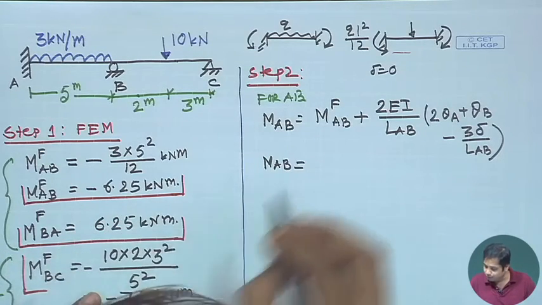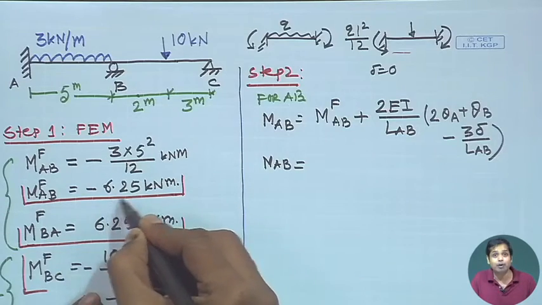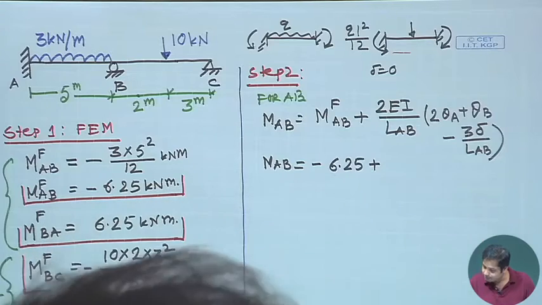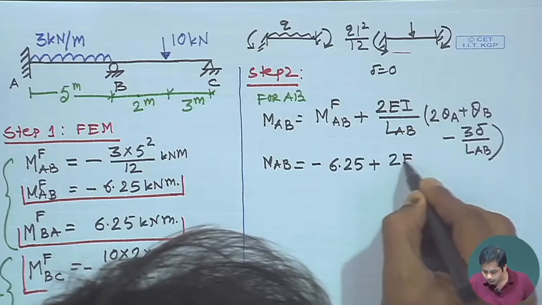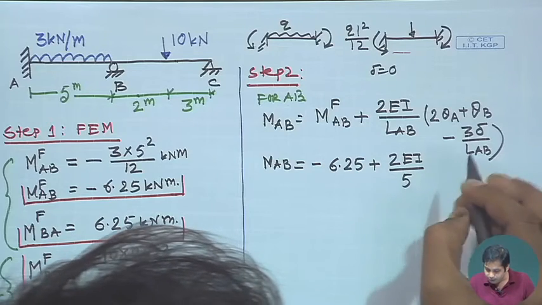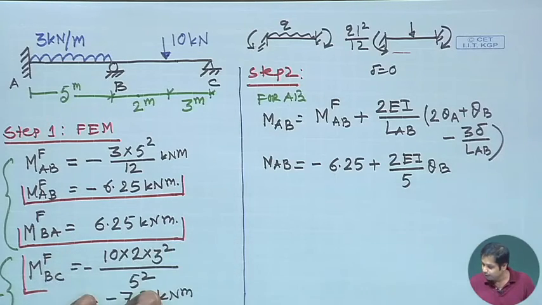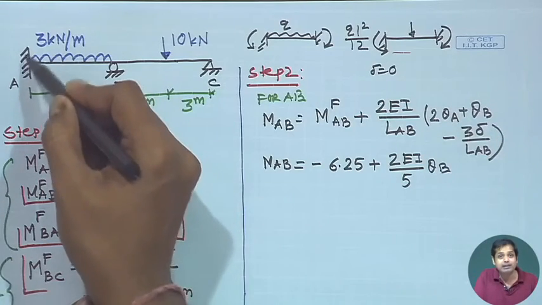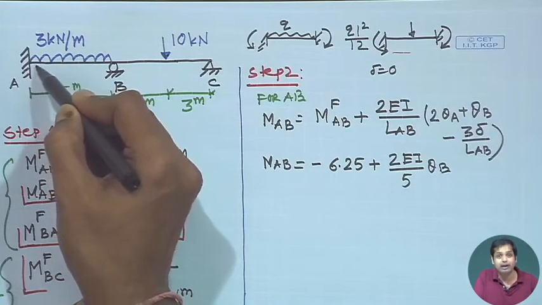MAB is equal to the fixed end moment, minus 6.25, plus 2EI by 5 into theta B. Another important thing is theta A is also 0 here because it is a fixed end, so the rotation at A is equal to 0.